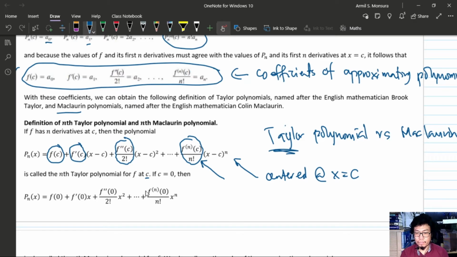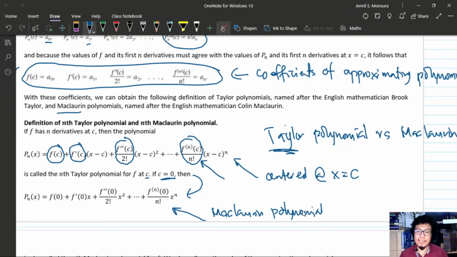Now, a special case for the Taylor polynomial is when c is equal to 0. When c is equal to 0, then what will happen to your Taylor polynomial is this, and this is now called your Maclaurin polynomial. So here's the difference between a Taylor polynomial and a Maclaurin polynomial. The center of the Maclaurin polynomial is 0, while the center of the Taylor polynomial is any arbitrary number.